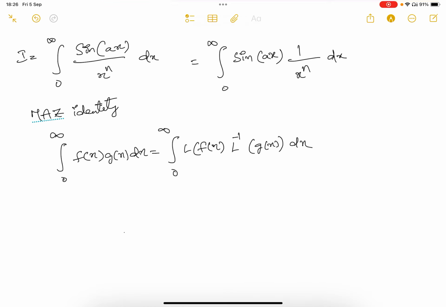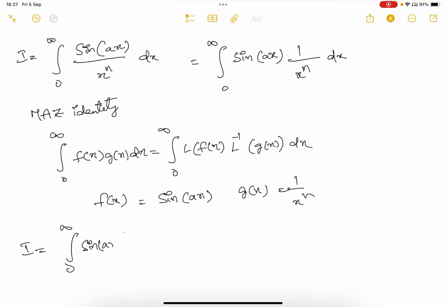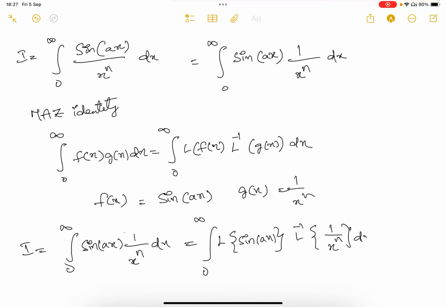Here let's consider f of x as sin(ax) and g of x as 1 by x power n. So in our case I equal to integral 0 to infinity sin(ax) into 1 by x power n dx can be written as integral 0 to infinity Laplace transform of sin(ax) into Laplace inverse of 1 by x power n dx.